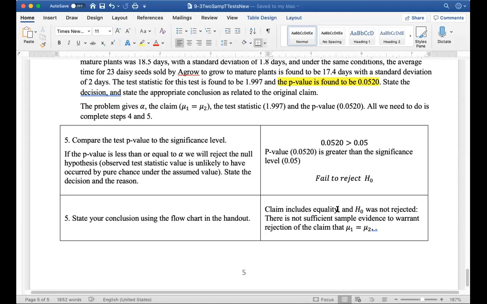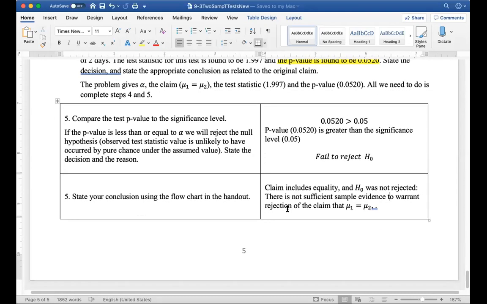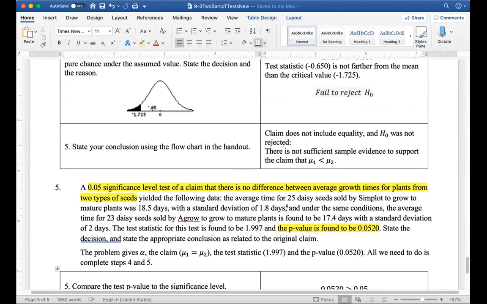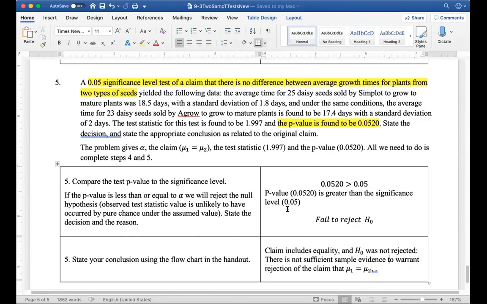So we're going straight across and then down to the second statement. And that is that there is not sufficient sample evidence to warrant rejection of the claim that mu1 is equal to mu2. And that pretty much wraps up all the problems we have right here for test of difference between means.